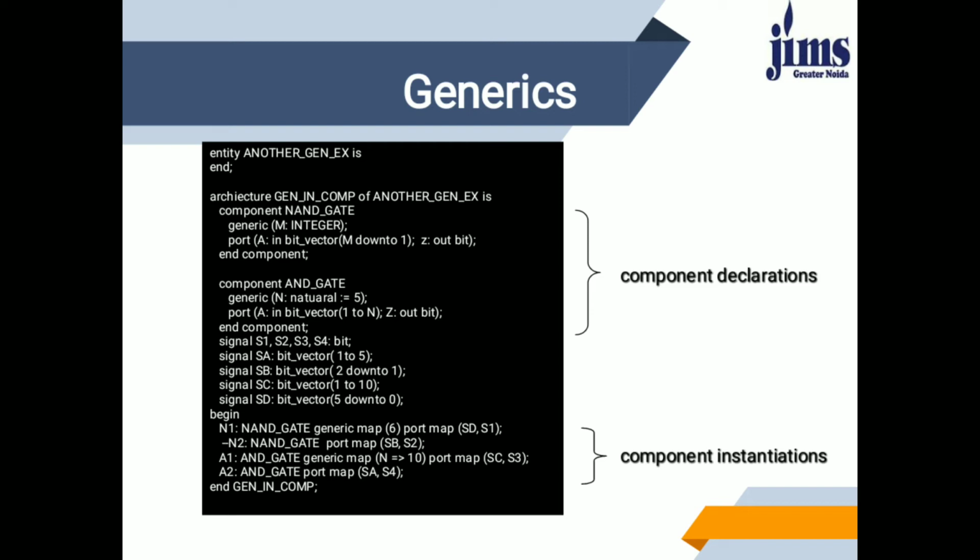Here we can use generic also. As well as in the component instantiation part, where we are doing port mapping, the generic can also be specified. So in three ways we can make the generic declaration. This was all about generics.